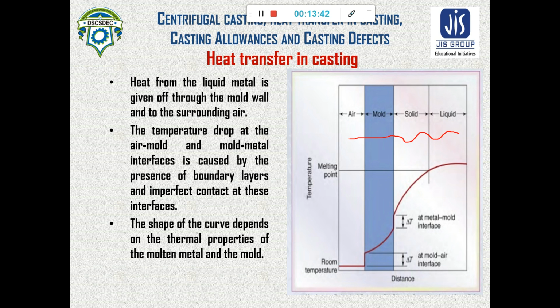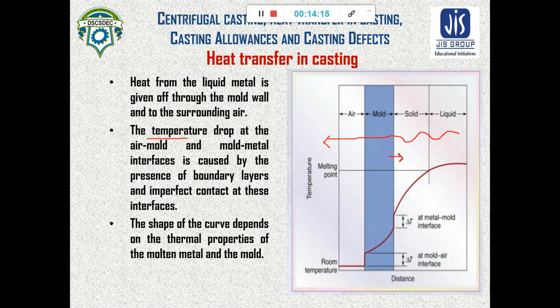This is because here the maximum temperature is, but the air is at ambient or room temperature. So this is the direction of heat transfer. So solidification will be from the wall to the center of the casting.